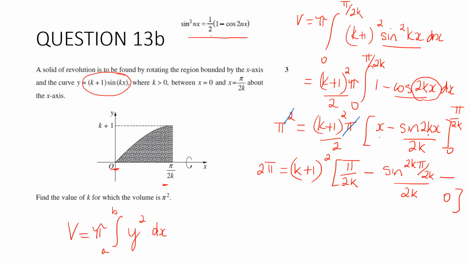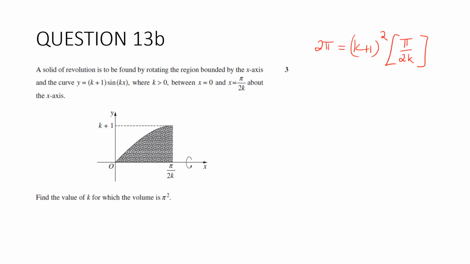Okay, so 2 pi equals k plus 1 all squared, pi over 2k. What do we got here? That cancels, sine pi is 0, 0 take away 0, nothing actually. So we need to solve for k. I guess I need to expand that all out.